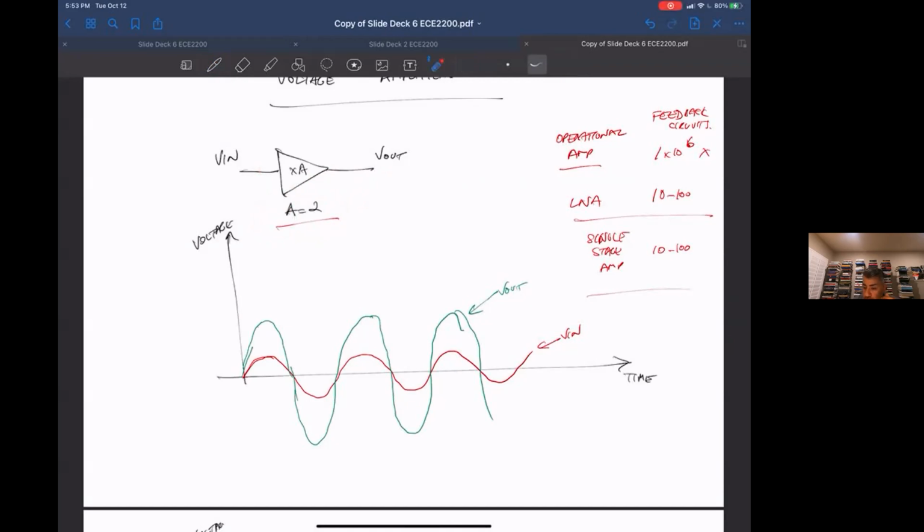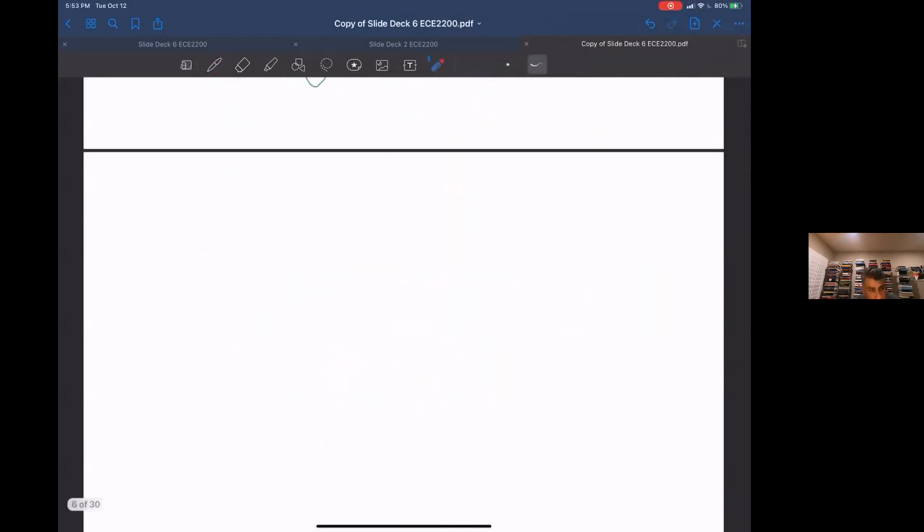Now, it turns out that a lot of times, I don't know why philosophically, but it's the way the transistors work that create this gain, as you'll see. A lot of the time, gain is negative. So this tends to throw a lot of people off.